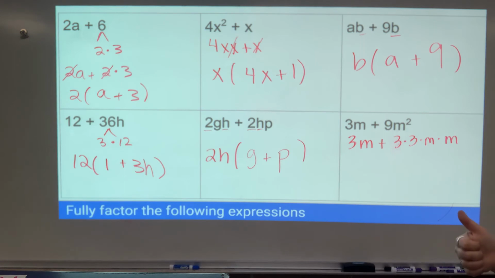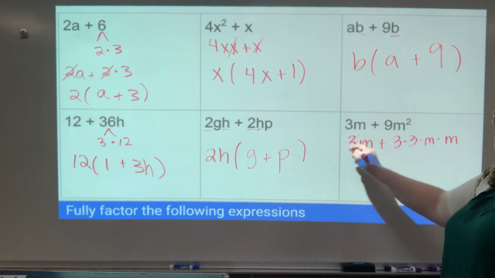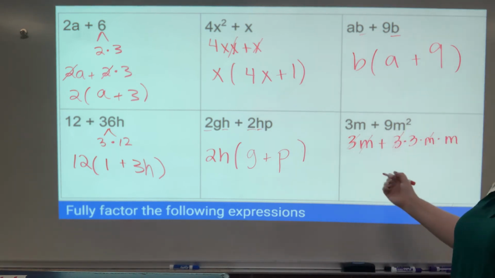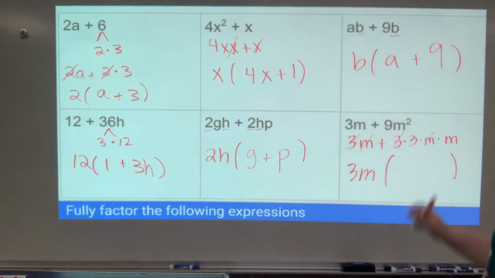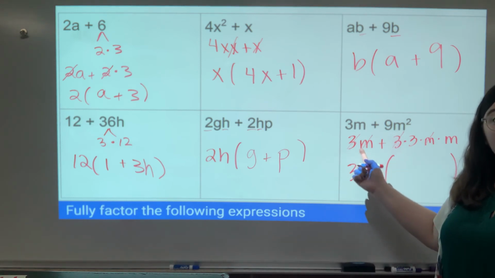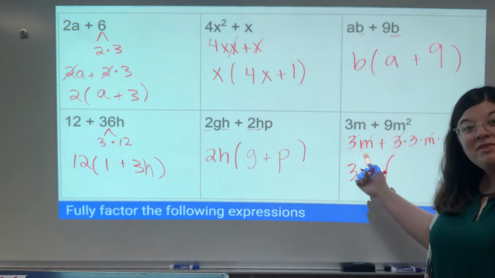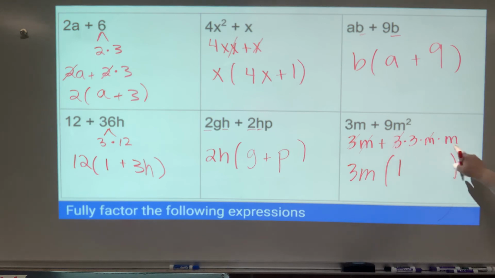I definitely have a 3, and I definitely have m's in both of them. So I can take out 3m. If I pull a 3m out of this expression, what's left? Well, nothing here, it's just 1. If I have 3m and I pull out 3 and m, 3m divided by 3m is just 1. What's left over here? Just 1 plus 3m.